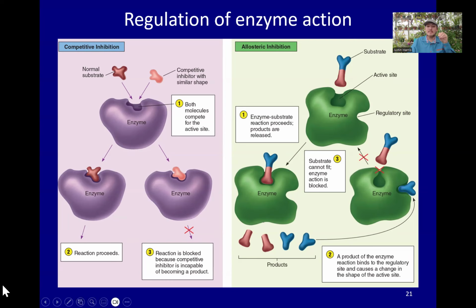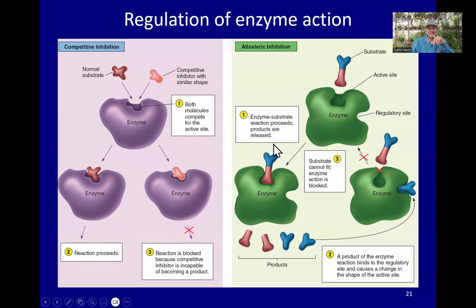And that's kind of what's happening with competitive inhibition, because they're just there and trying to get into that active site, and they're blocking us. If we were keeping score, it's making my score worse. And that's exactly what's happening with competitive inhibition.